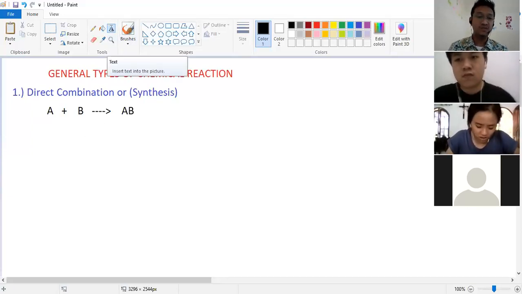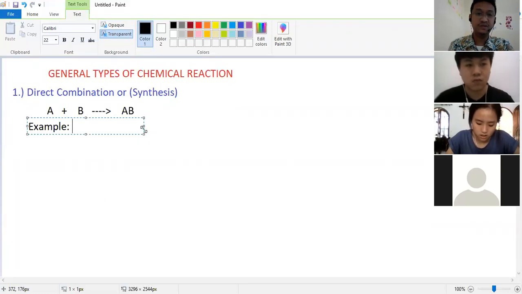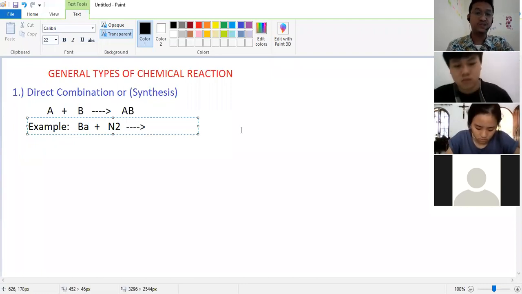Now let me give you an example of this. Let's say we have barium which will react to nitrogen gas. What will be the result when barium reacts with nitrogen gas?